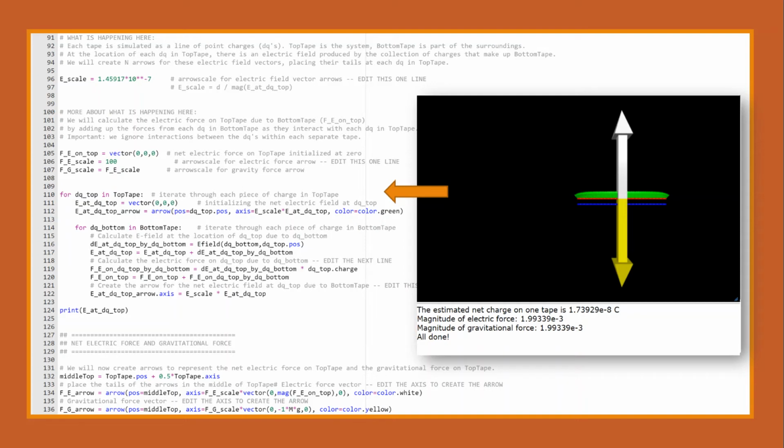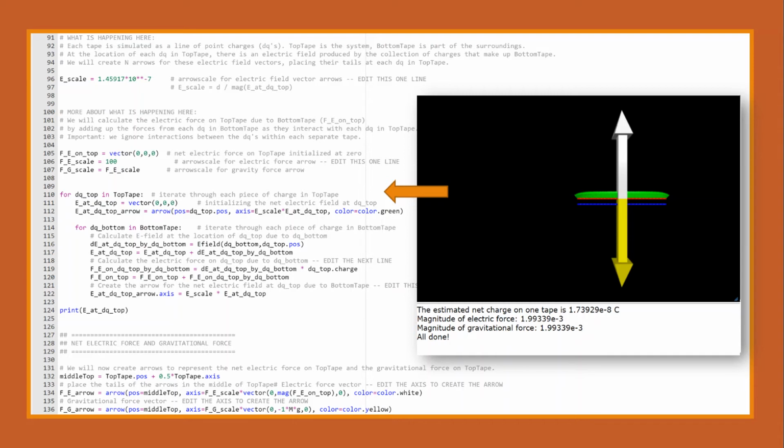If you look to the right, this is my model that was rendered. The top tape is in red and the bottom tape is in blue. The green arrows, which are really small because there are 100 of them, look a little like grass. Those are the singular electric fields being calculated, which I'm about to go over.